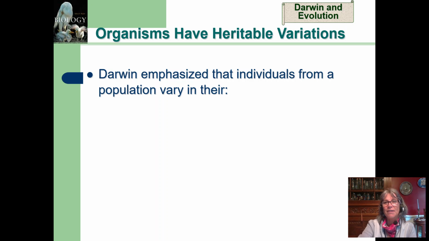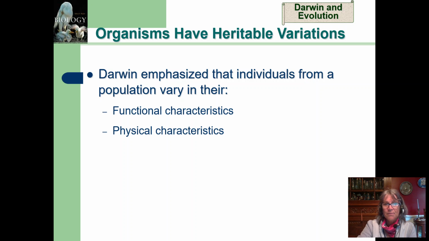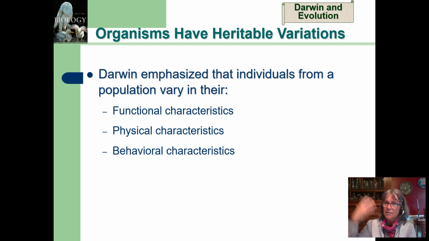Organisms have heritable variation. What Darwin really emphasized when we talked about heritable variation is that individuals within a population vary in their functional characteristics, their physical characteristics. Functional characteristics, your metabolism, how your body works; physical, how you look, physical strength, your phenotype, your outward appearance; and behavioral characteristics.